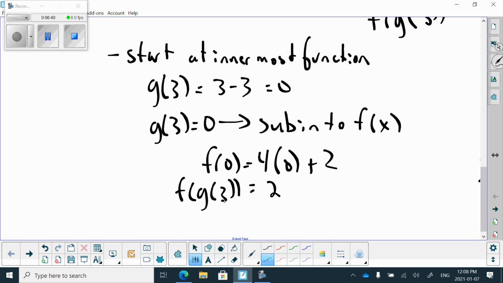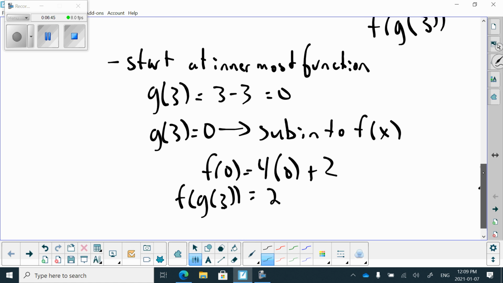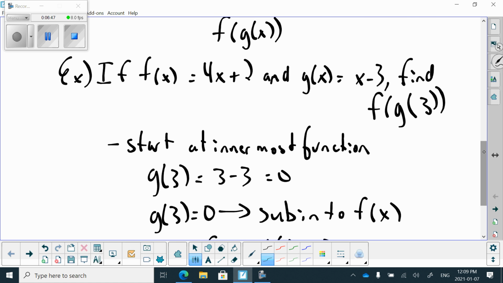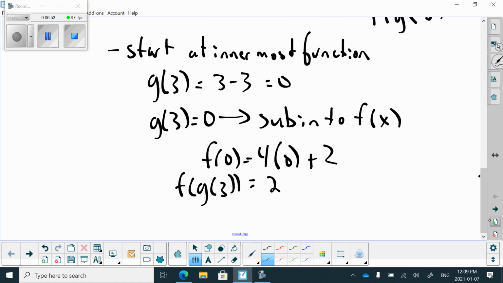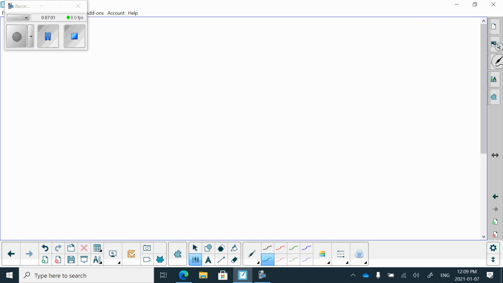So we just don't know what g is. g is that. Do you want to do one with another number? Well, I've got a couple more anyways.